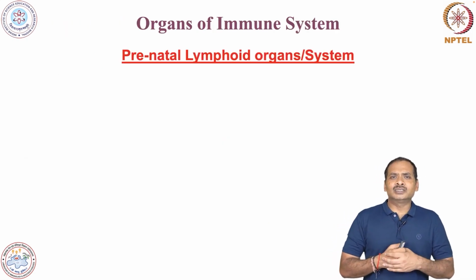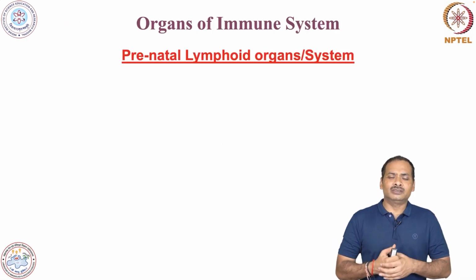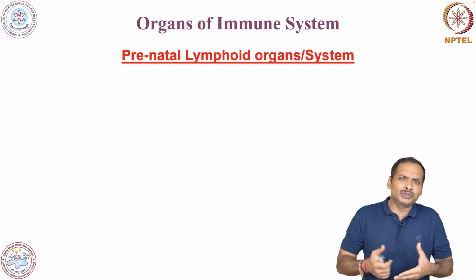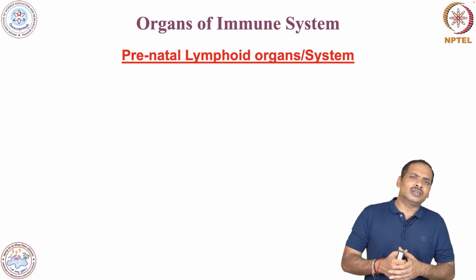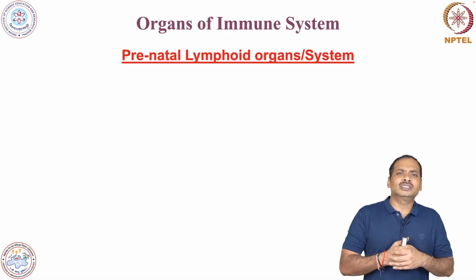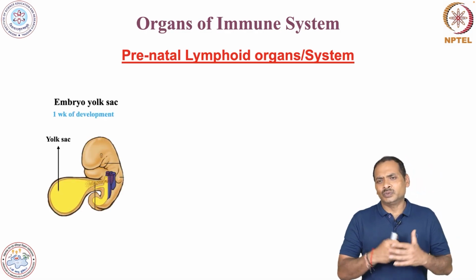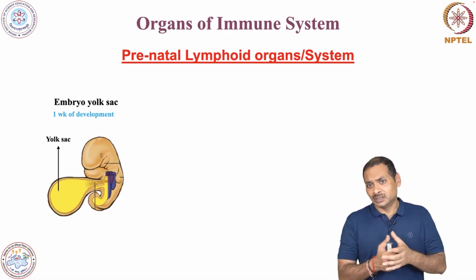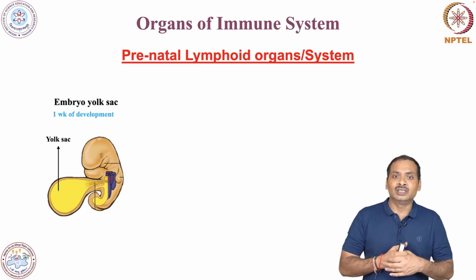So, what are these lymphoid organs? The immune system starts immediately after conception, when the baby is in the development stage or prenatal stage.